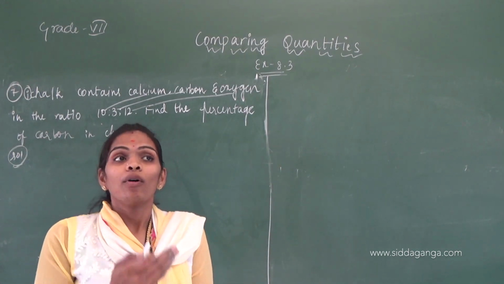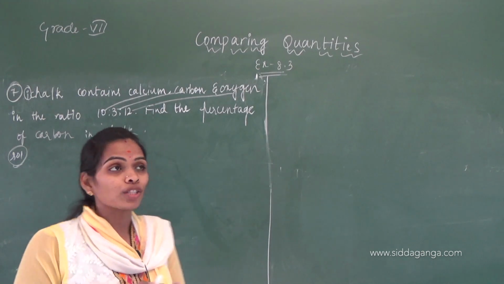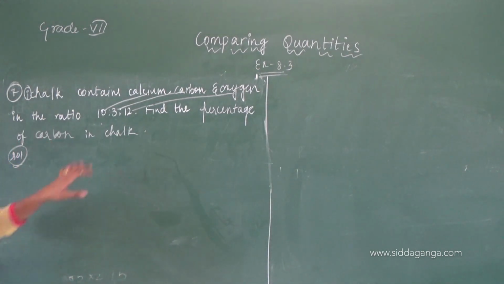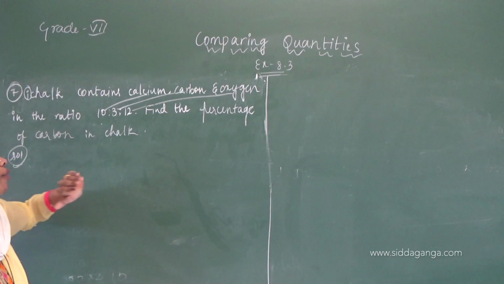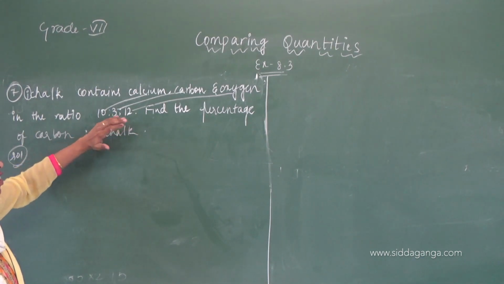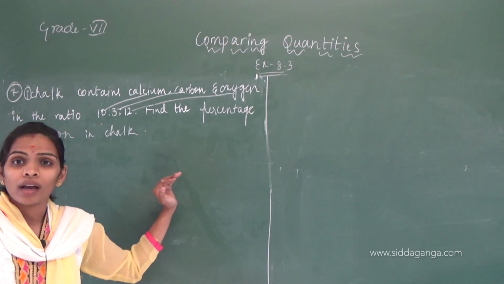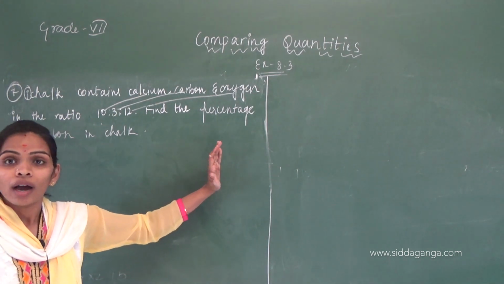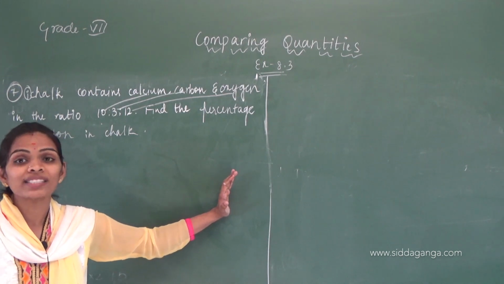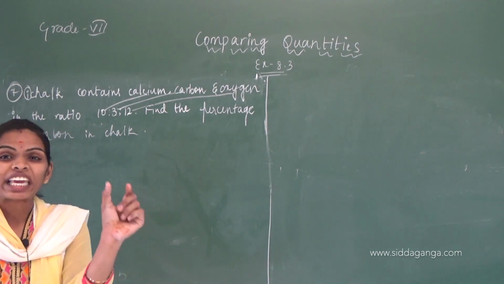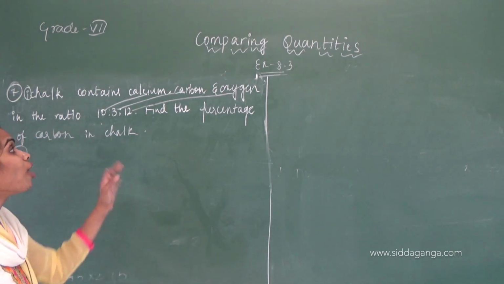We know how to find the percentage of each when they are in ratio. Correct? What we have to do? Just first part or second part divided by total sum of the ratio into 100. Like that, if you do that, then we can get each part's percentage. Here what are they asking?